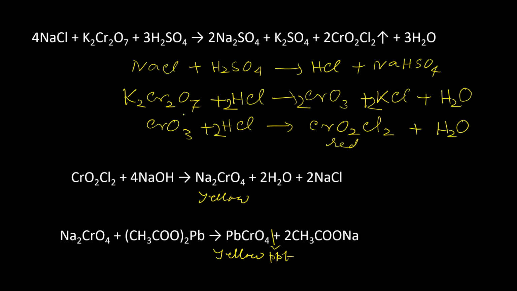And they will reduce this dichromate to chromium +3. So this chromium trioxide will not be formed. So if chromium trioxide is not formed, then there is no question of the formation of chromyl chloride. So this test, or chromyl formation, is given by only chloride.